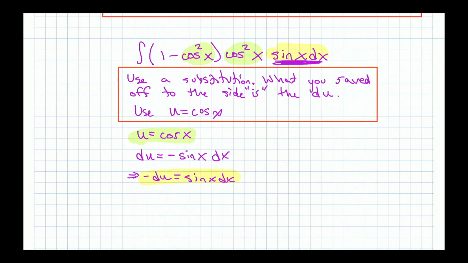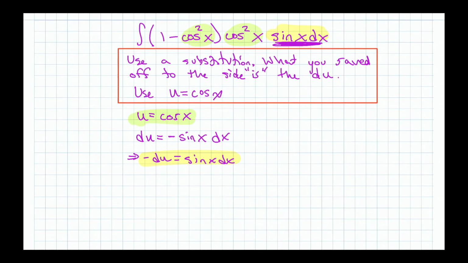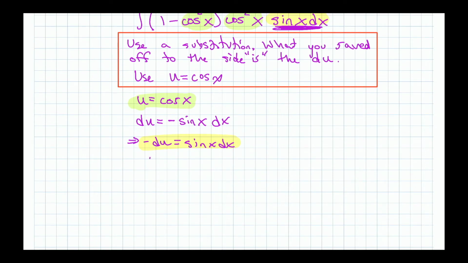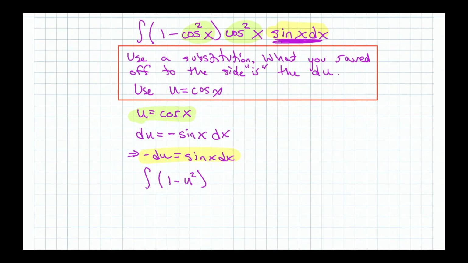So we go ahead and we make the substitution. We're going to have the integral of 1 minus u squared, right? If u is cosine, cosine squared is u squared. And then we have another cosine squared, so that's another u squared. And then we have sine x, which is negative du.